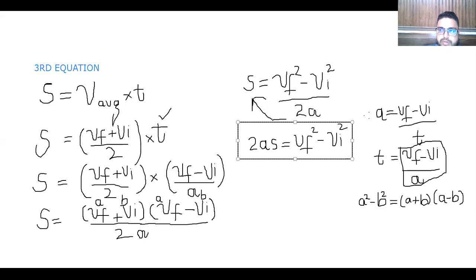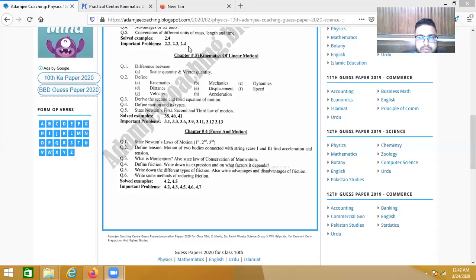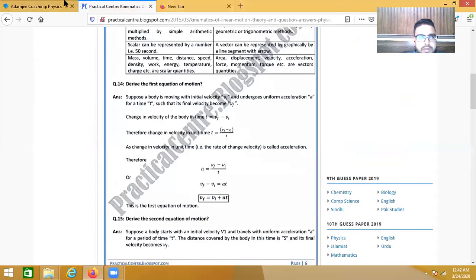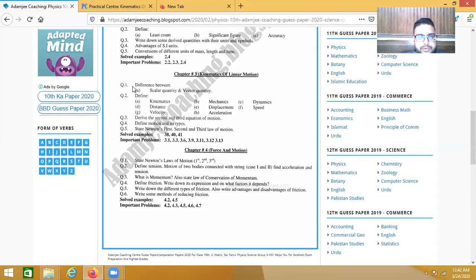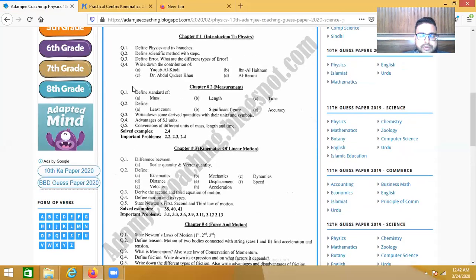So I hope you understand all these three equations. Separately we have covered all these three equations, and if you go to the questions again, let me share the screen with you again. In today's class we have covered chapter 1 and chapter 2, that is most of the theoretical topics, and mostly based on memorization.